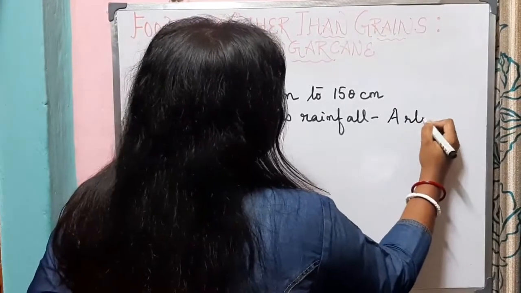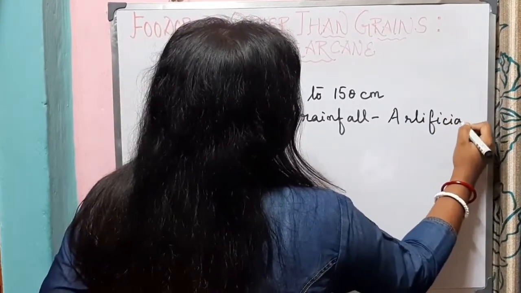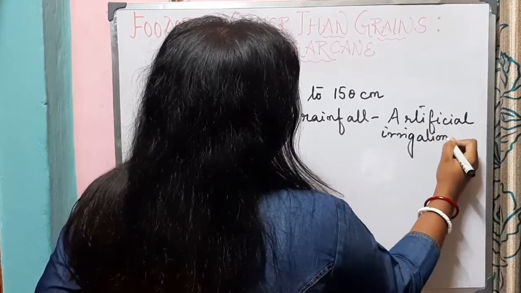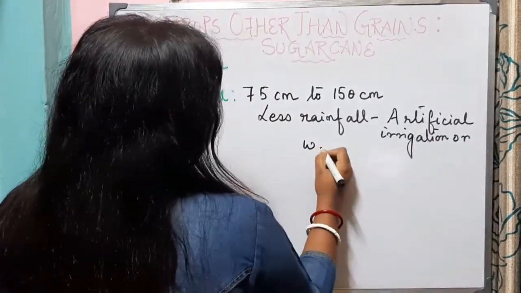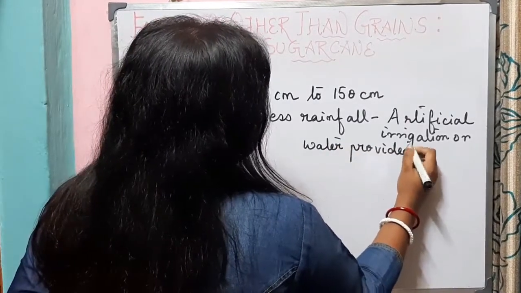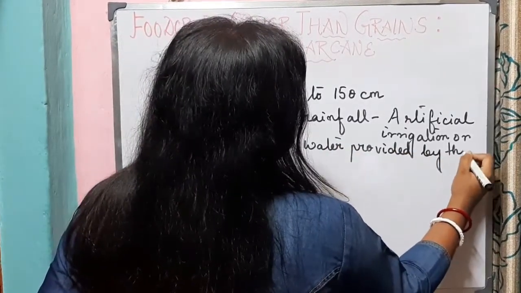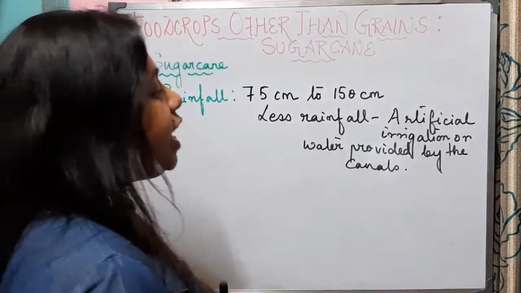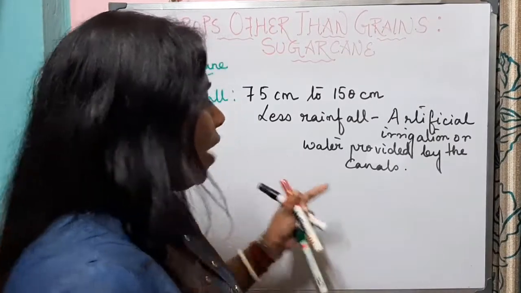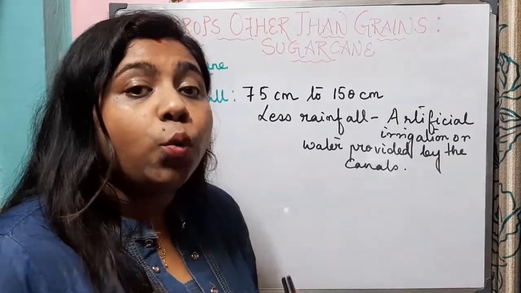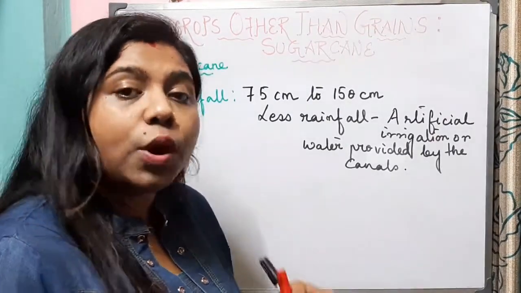By artificial irrigation or by water provided by the canals, we can cultivate in those areas which receive a lesser amount of rainfall.